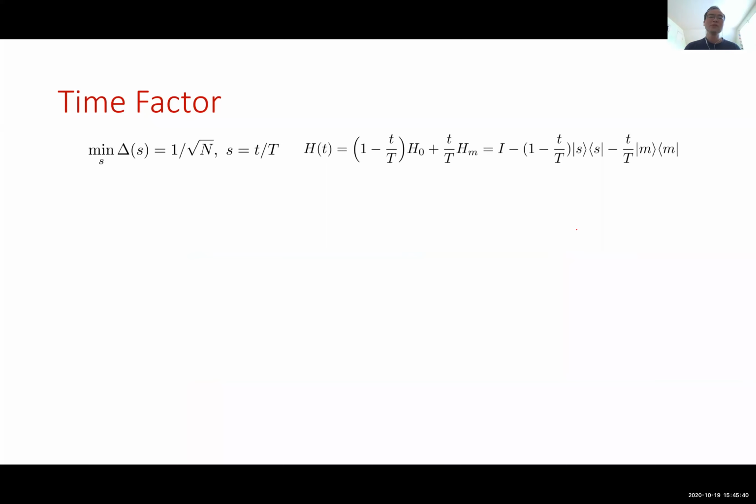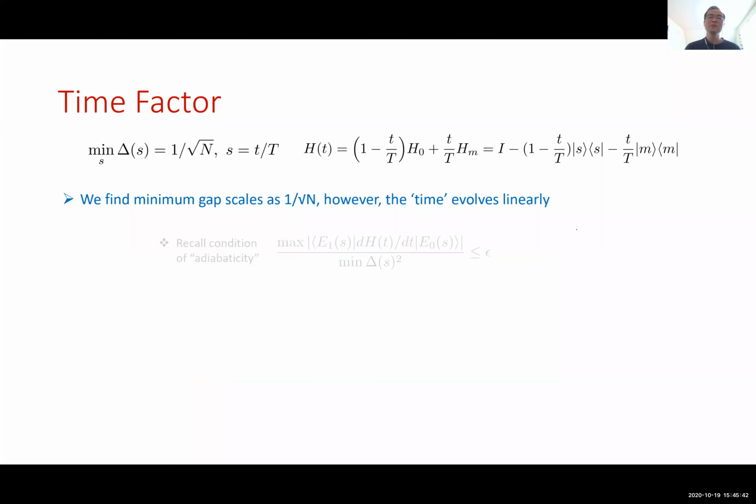A more rigorous way is to basically calculate the time, or use the criteria to estimate this. So remember, this is the weighted rate. I want to maximize this, but I first take a look at the dH dt. I find that this is just a constant, right?